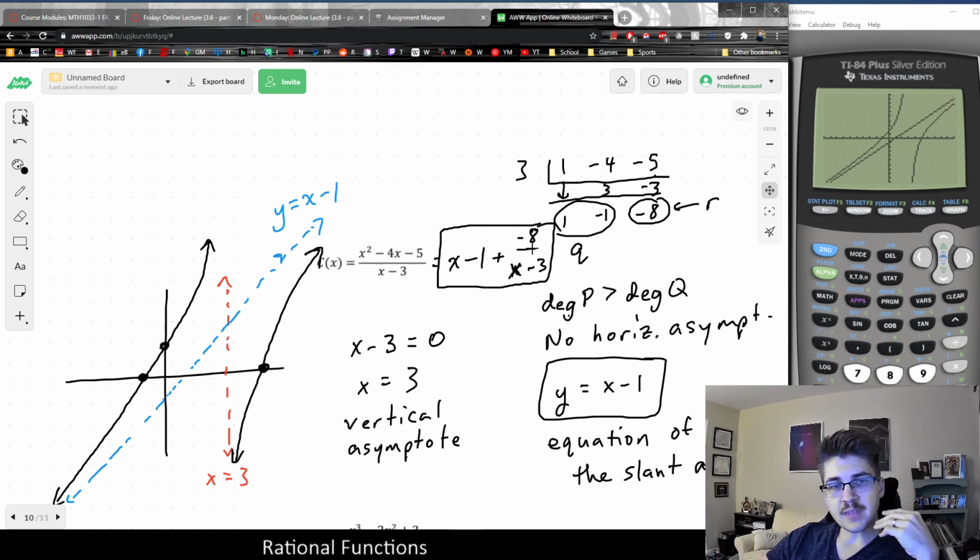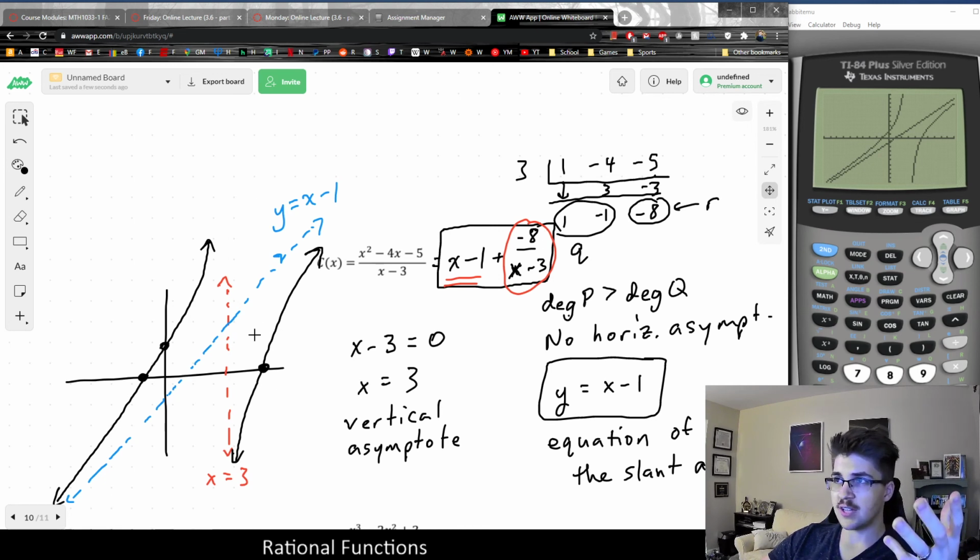If I look at it this way, I could look at this as a polynomial plus another simpler rational function, where the polynomial is the line x minus 1, which gives us our outlining behavior, the line in blue, which outlines the end behavior, which is the purpose of the slant asymptote. Whereas the remainder over the divisor is still a rational function.